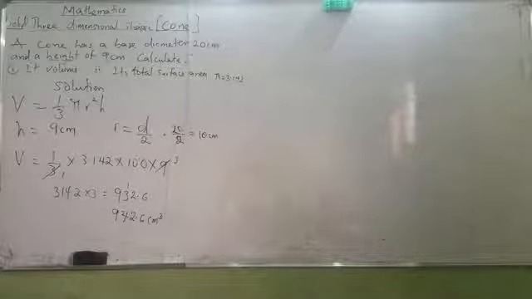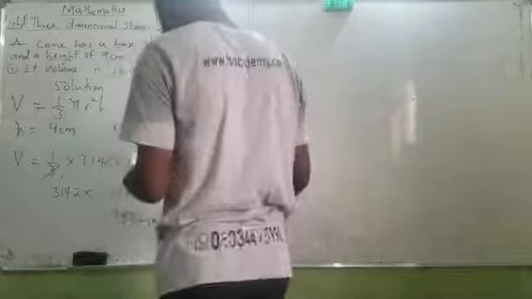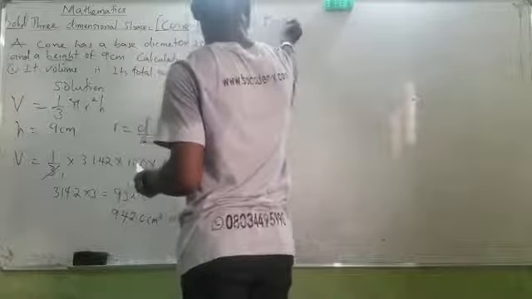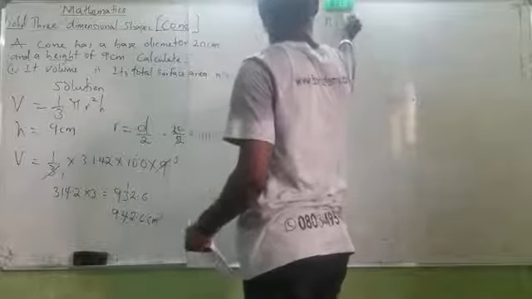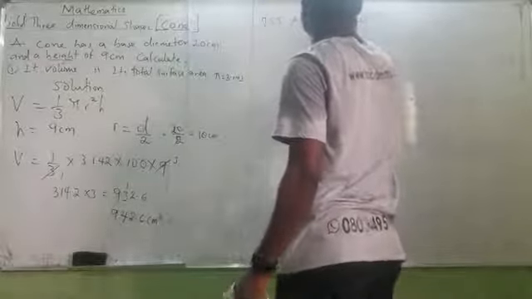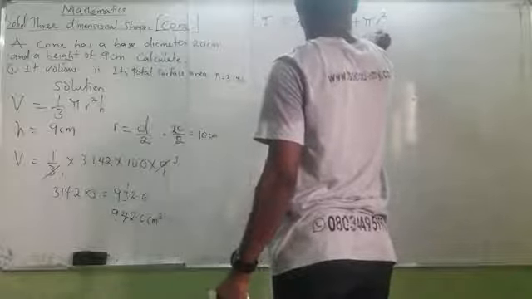Now, the next thing I'm asked to do on the question is its total surface area. Our total surface area will be equal to pi r h plus pi r squared, which can also be written as pi r bracket of h plus r.